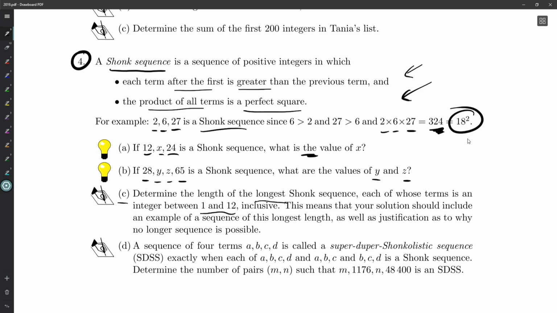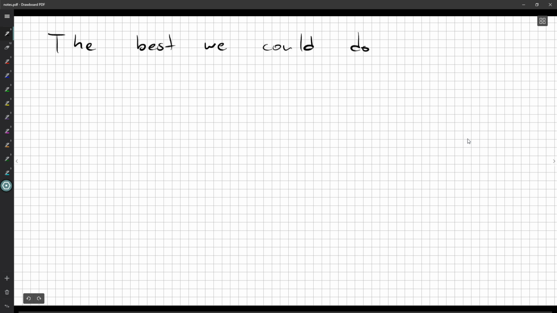Okay. Well, the best we could do is if 1, 2, 3, all the way up to 12 was a Schonk sequence.